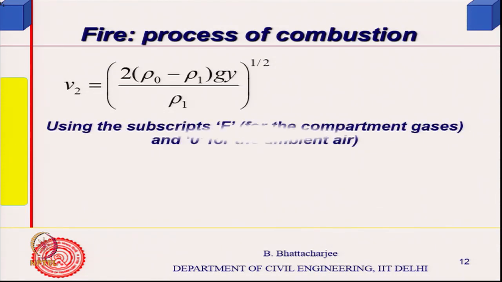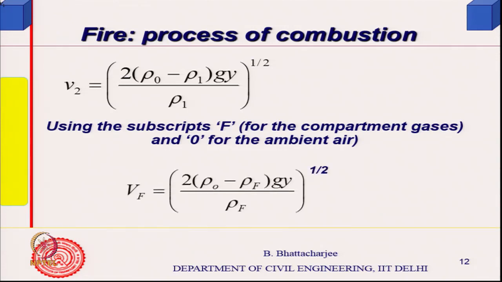Now, rho 1 we call rho f, that is the density of hot gases, and rho 0 is that of ambient air, because whatever comes out will expand. So, we write this as Vf, because V2 corresponds to the velocity of hot gases.